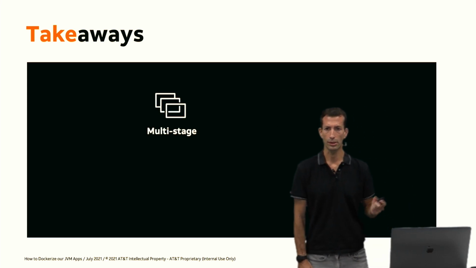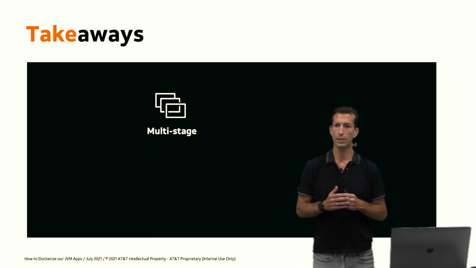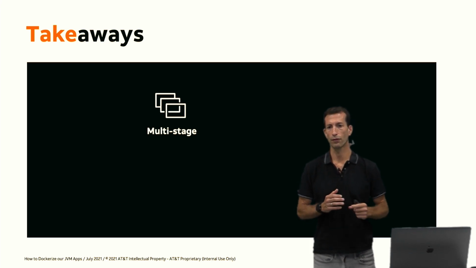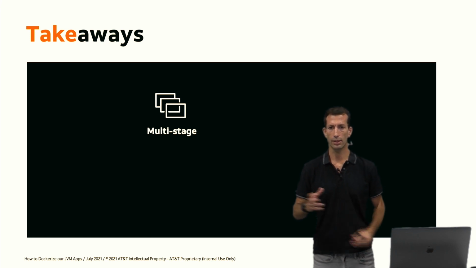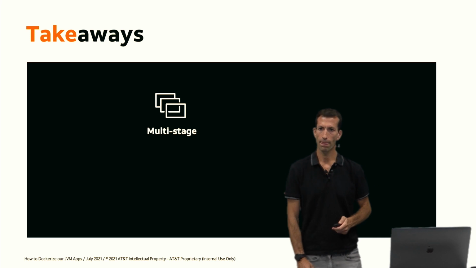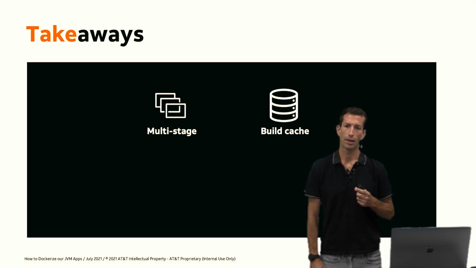Use multi-stage builds. We talked about that. When you have a complex build, use a multi-stage to end up with a final image that is exactly what you want, and don't settle for an image that contains a whole lot of tools that you need only in the intermediate stages. Multi-stage builds will get you what you need.